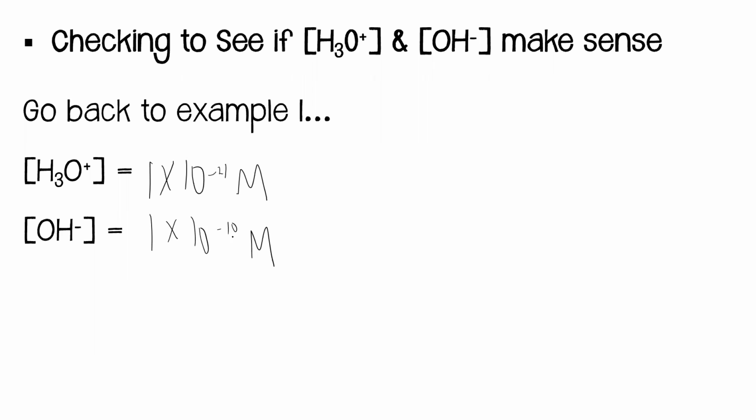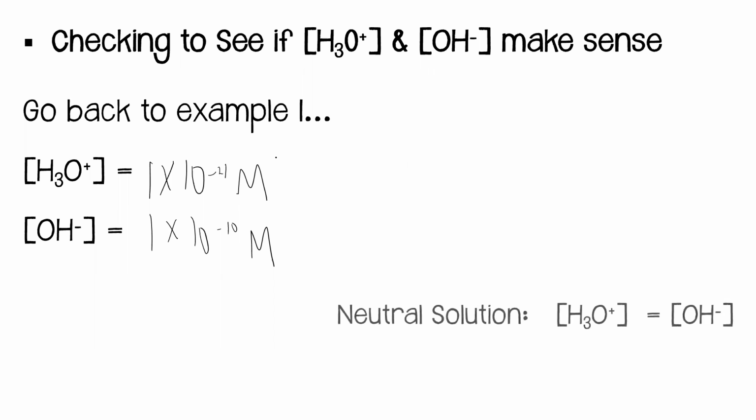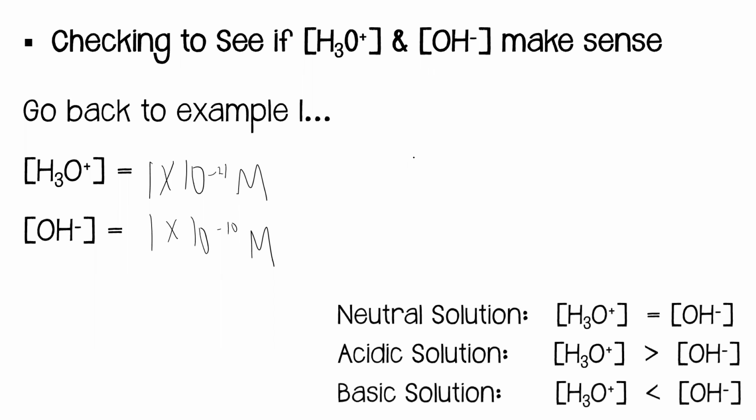Remember that the bigger the negative number, the smaller the number is. Okay, so in this case, 1 times 10 to the negative 4, which is our hydronium, compared to our hydroxide. Which one's bigger?